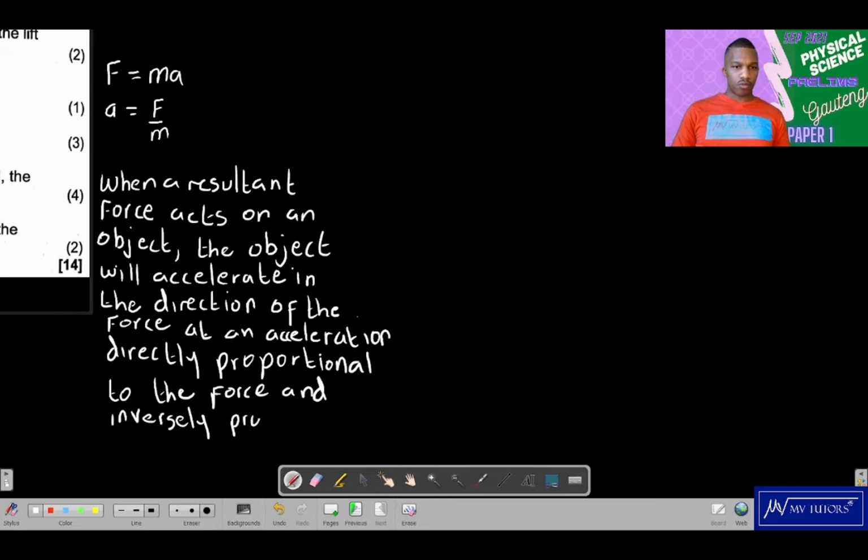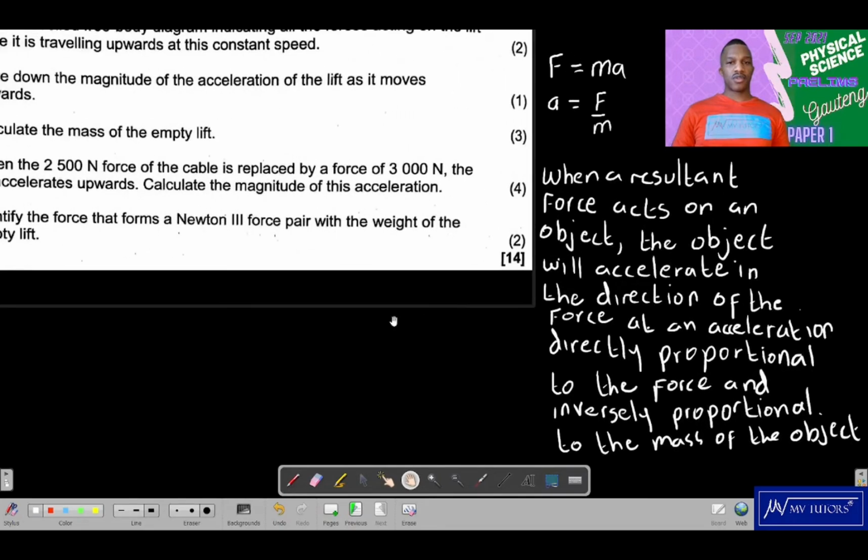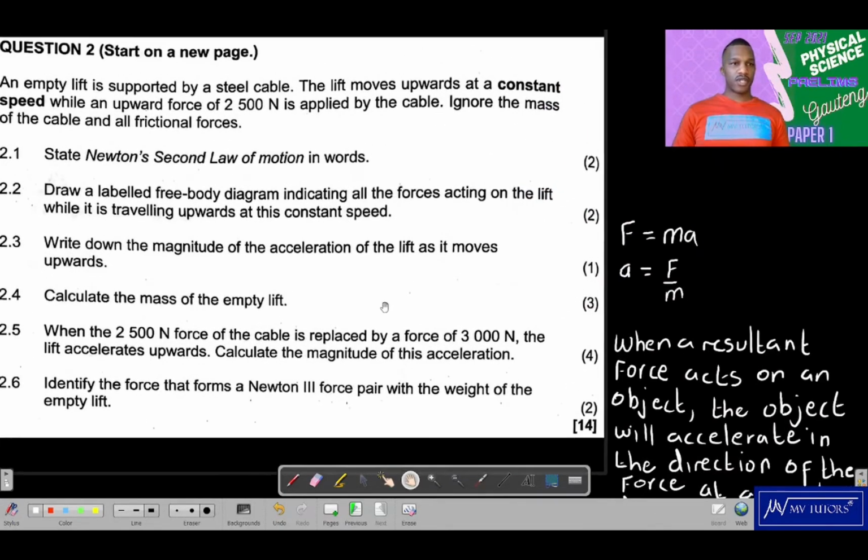Inversely proportional to the mass of the object. Okay, so that's it. That's all you have to do. Right, let's go get the second question now.